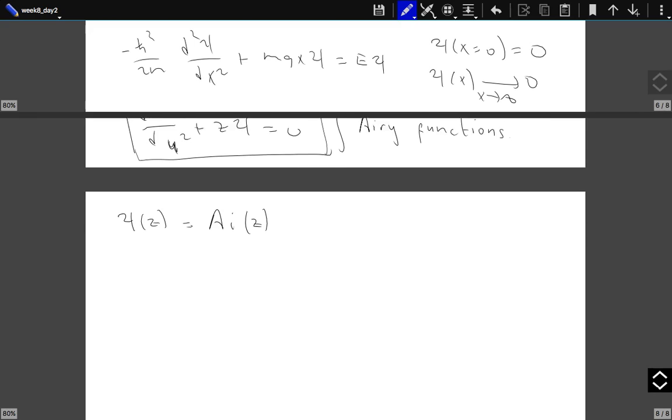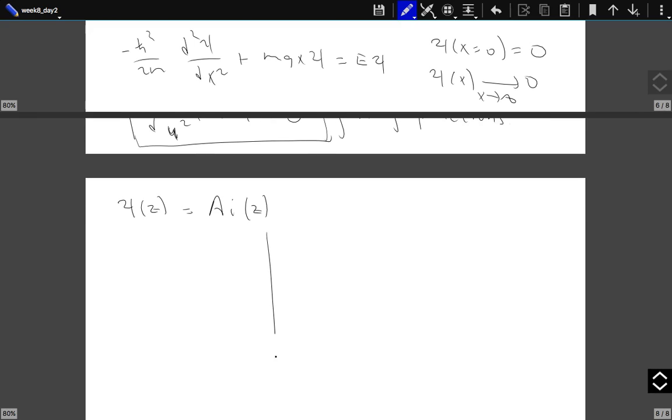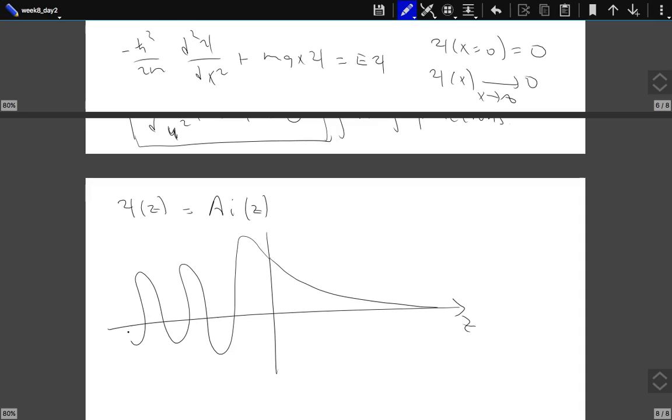Now, if you plot this function, this is a nice function. So this is my z value. For positive values of z, it just goes to 0 exponentially. And for negative values of z, it is just oscillating. It just looks like something like this. This is the solution. This is the Airy function.